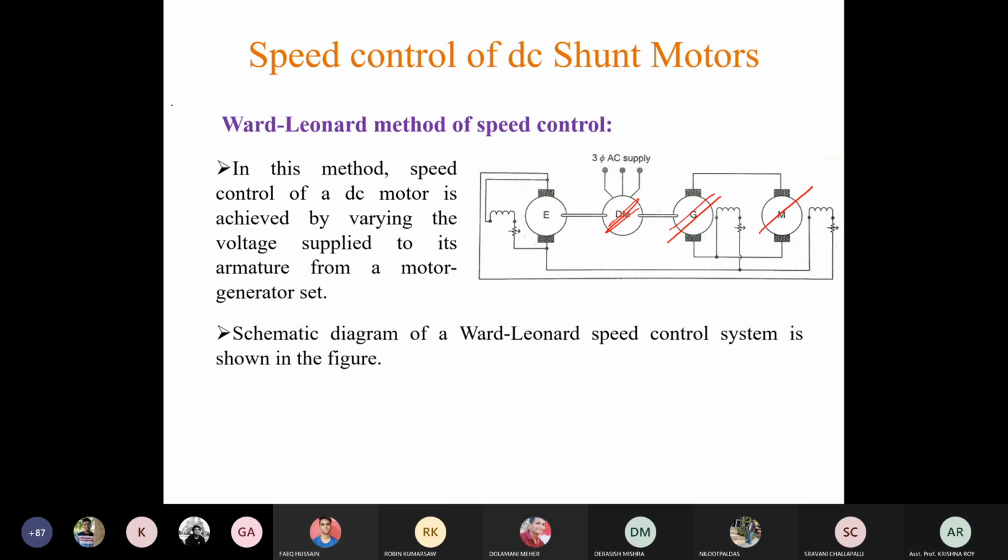And this is another generator which is known as the exciter. The output voltage or the generated voltage of this exciter will be fed to the field windings of both this generator as well as this motor.